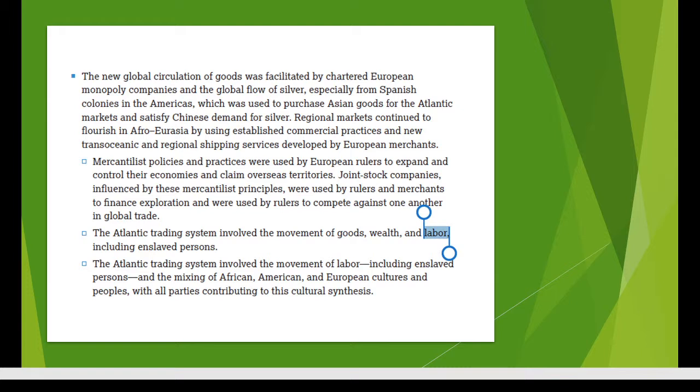Now, I do want to say one thing about the cultural synthesis. Kind of equals syncretism. It talks about how the Atlantic trading system included enslaved persons, which mixed African and European cultures. I would just think about Vodun and Santeria.